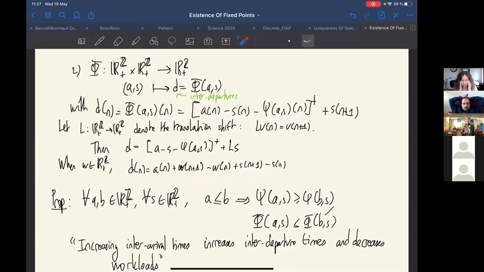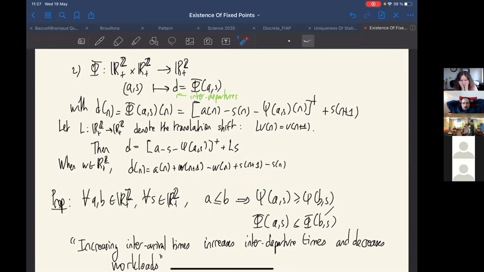Okay, so the main idea is that you have a clear way to define the interdeparture process as a function of the interarrival process and the service process.